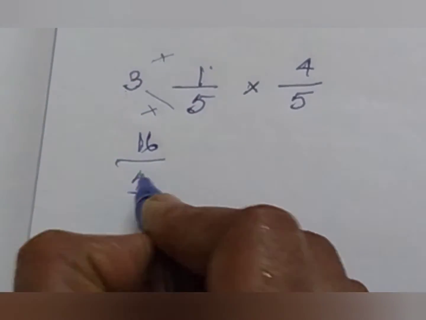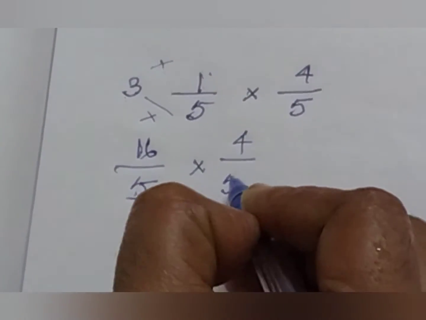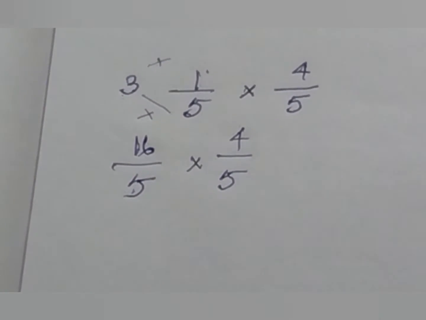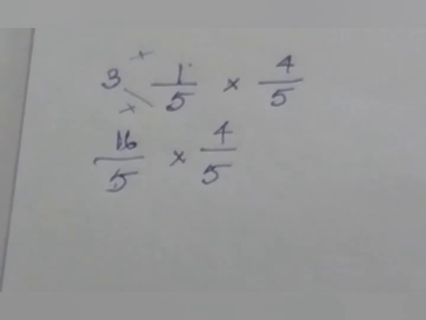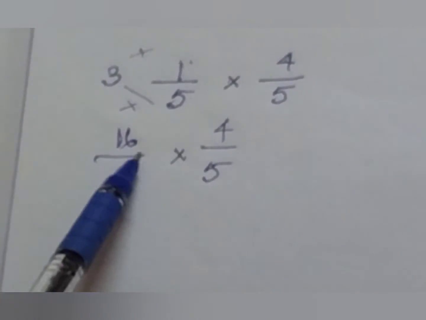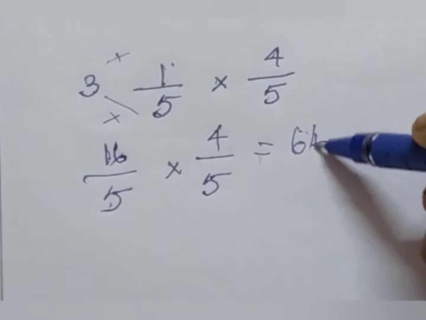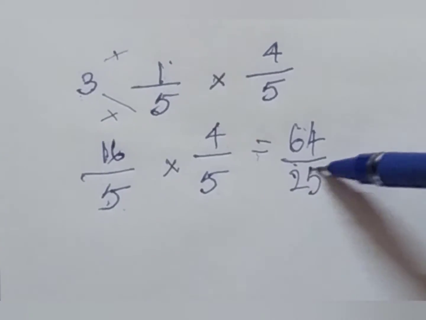So the improper fraction is 16 by 5 into 4 by 5. Now there are no common factors here. We just multiply 16 and 4, 5 and 5. The required answer will be 64 by 25.